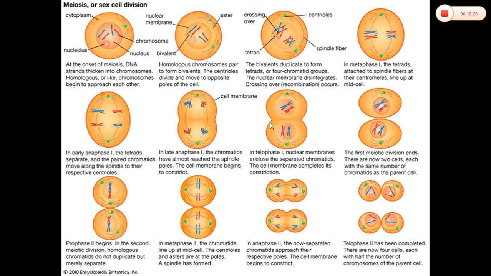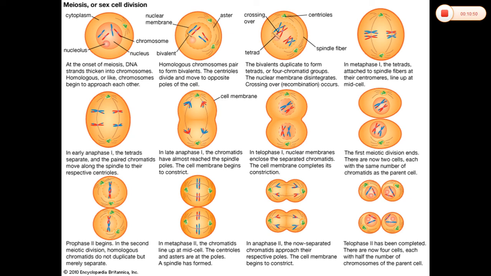What happens during telophase 1? Telophase 1 is the last phase of meiosis 1. The nuclear membrane which disappeared in the first phase returns and appears again, and then the nucleus forms. The cell undergoes cytokinesis.